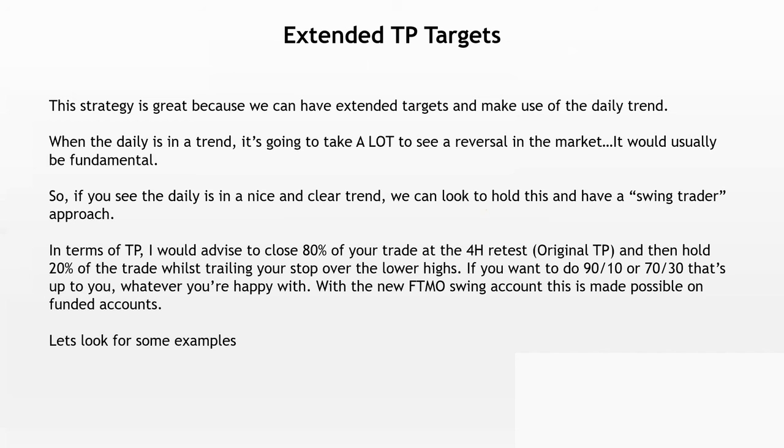Then I would leave the remaining 20%. So let's say you get in a trade for, easy maths, 10 lots. Once price reaches your 4-hour retest high or low, you are going to close 80% of the position. So you're going to close 8 lots, and then keep 20%, so 2 lots, running with a stop loss at break even.